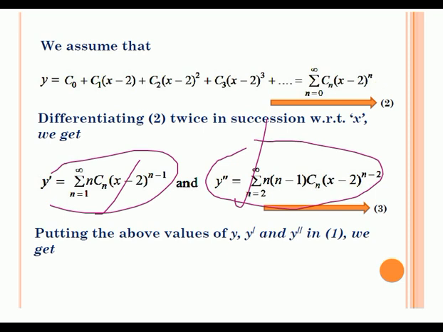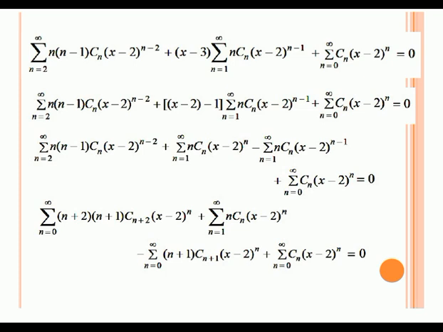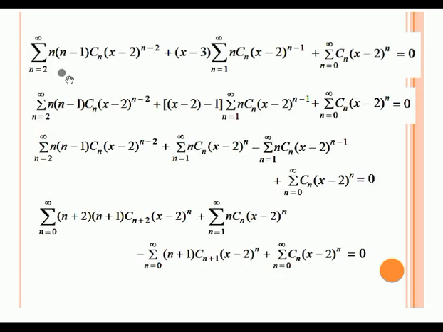The simplification is simple algebra. I substitute the y double dash term, then (x minus 3) multiplied by the y dash term, plus the y term, equals 0. This is the differential equation they have given. So in the differential equation you substitute the double derivative, x minus 3 into the first derivative, and so on. So I got the expression like this.